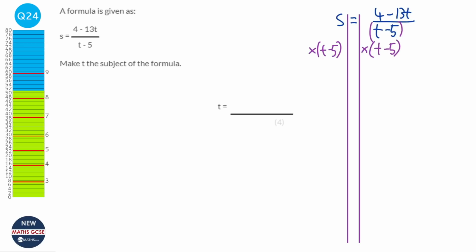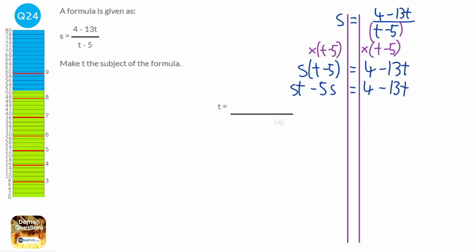So we're going to end up with s(t - 5) = 4 - 13t. I'm going to break open those brackets just by multiplying them out. So it's st - 5s = 4 - 13t. And the objective here is to get all the t's on the same side.